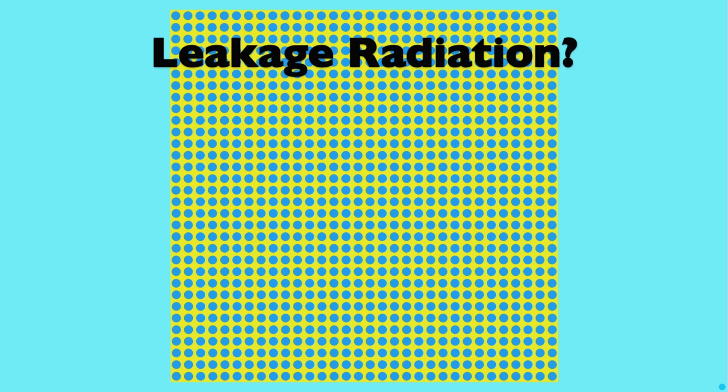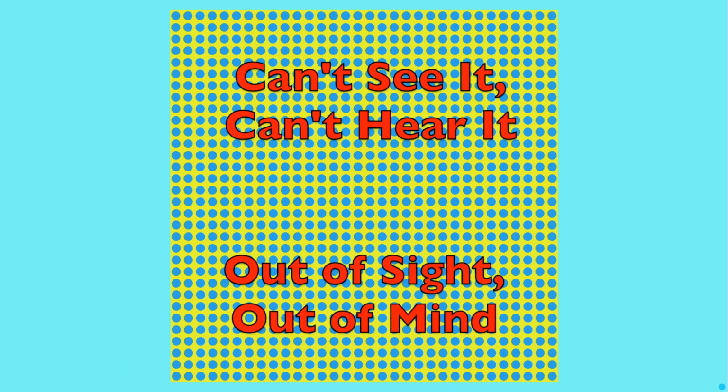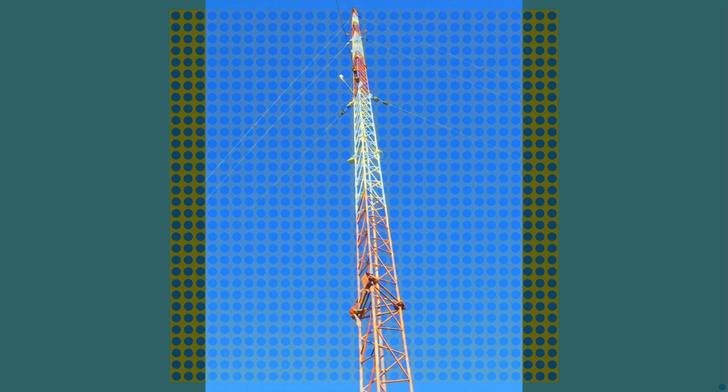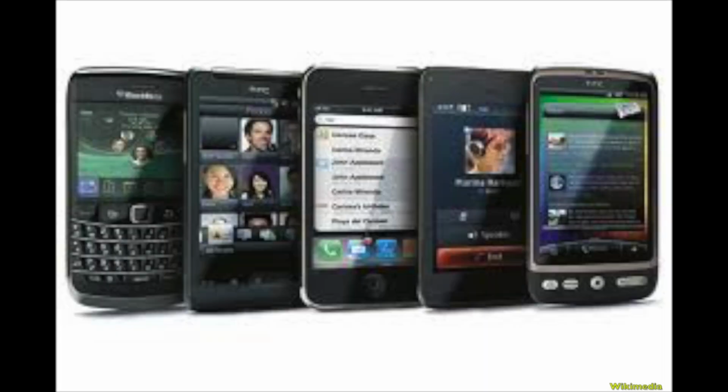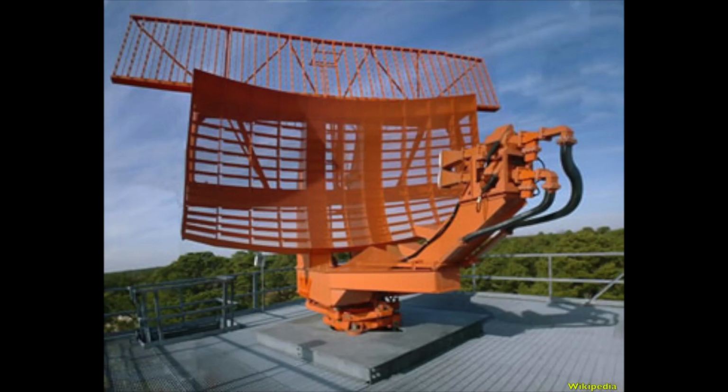radiation from other civilizations. Leakage radiation is what we send into space without thinking about it. It comes from things such as radio stations, TV stations, cell phones, and various types of radar.